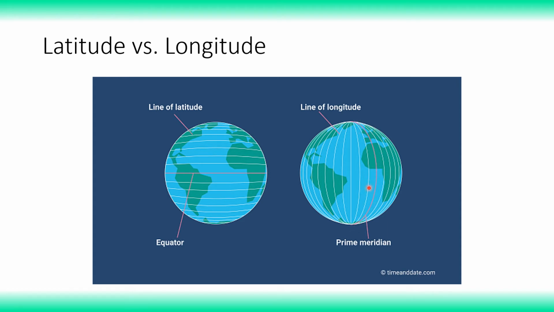So if you're ever looking up the geographical coordinates of a place, when we're talking about how many degrees north or south we are, we're talking relative to the equator. So something up here would be, let's say, 35 degrees north of the equator, whereas something down here might be 35 degrees south of the equator.